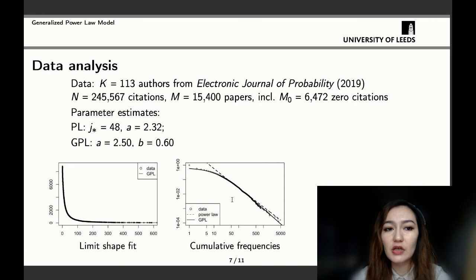The dots are citations, the solid line is our GPL model, and the dashed line is the power law model. Notice that the odd lone point at the beginning represents 0 citations. From these two plots, we can see that the goodness of fit of the GPL model is excellent, but the power law only worked well after 48.